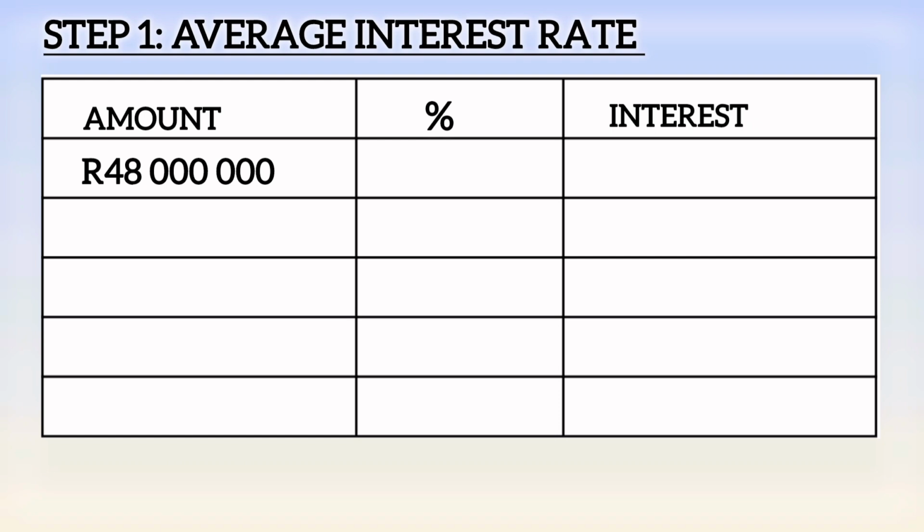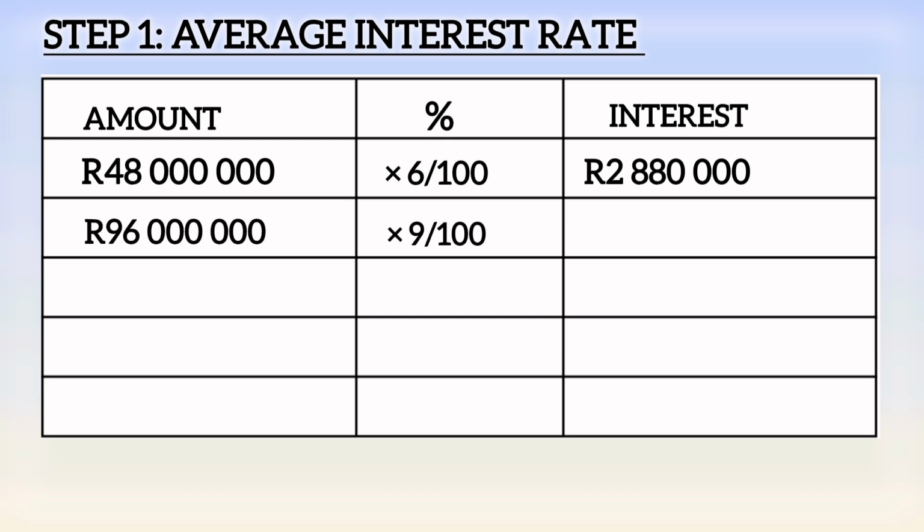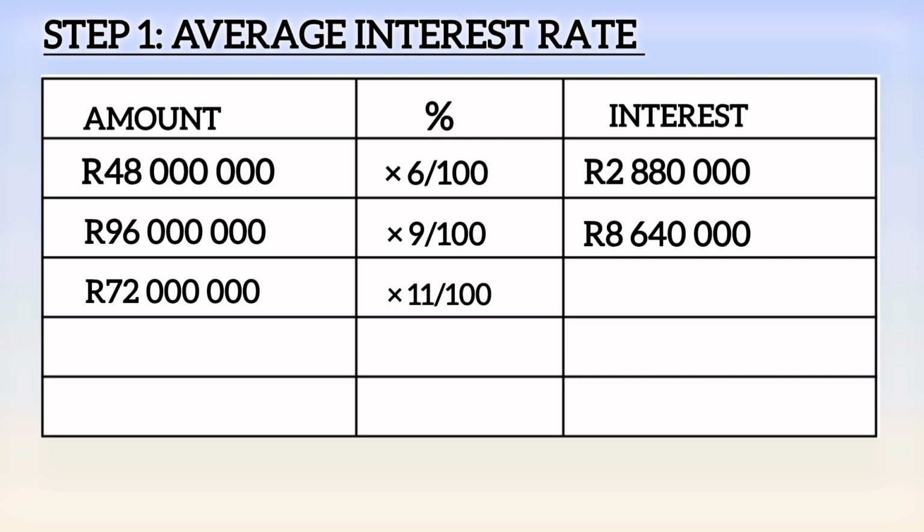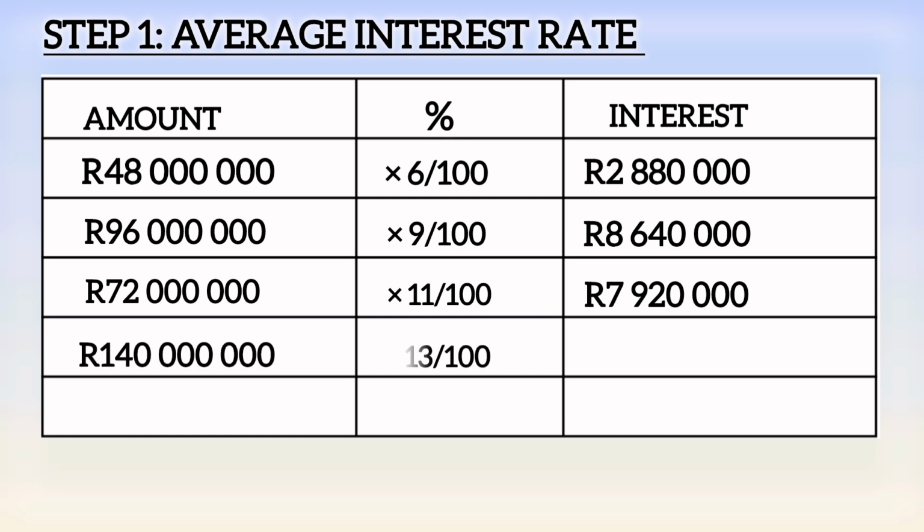We have 48 million times 6%. 2,880,000 is the interest expense. 96 million times 9%. 8,640,000 is the interest. 72 million times 11%. 7,920,000 is the interest. 140 million times 18%. 18,200,000 is the interest.